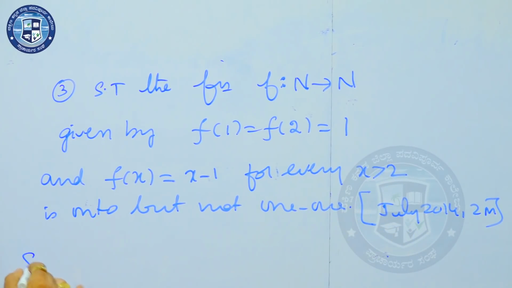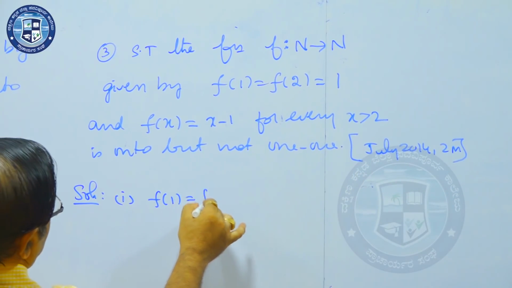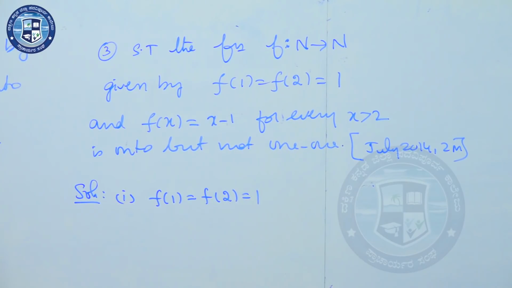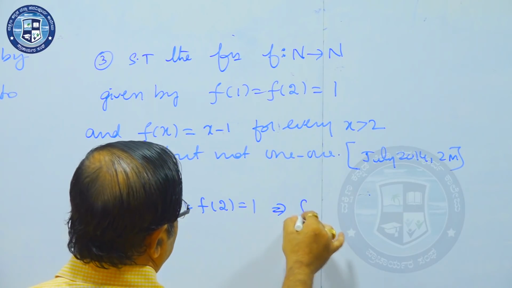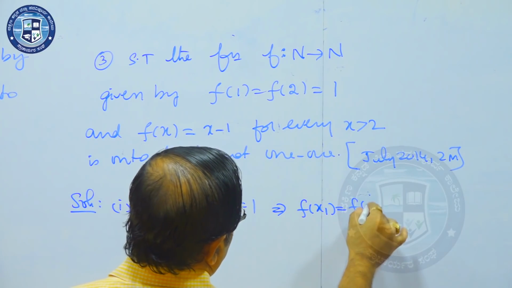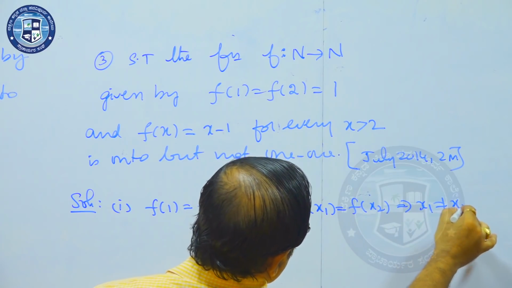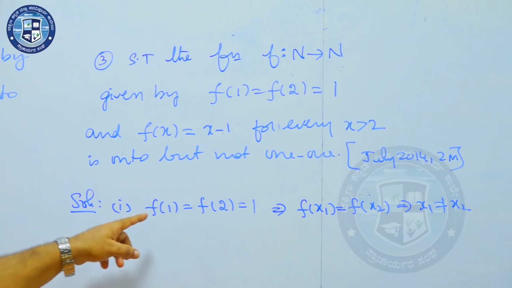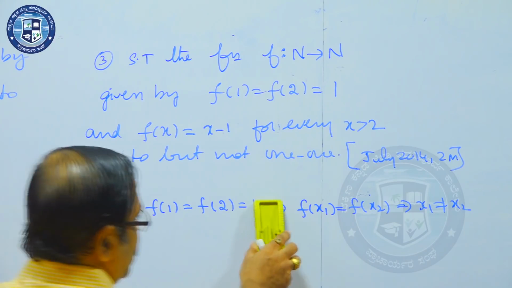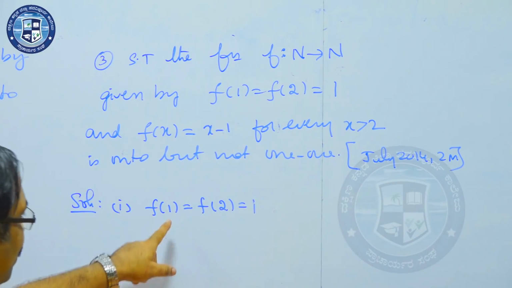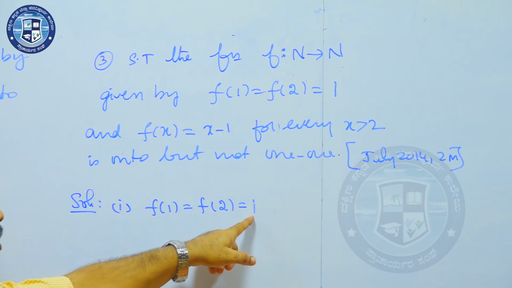Why? See, they have defined f of 1 equal to f of 2 equal to 1. So both the values are equal to 1.